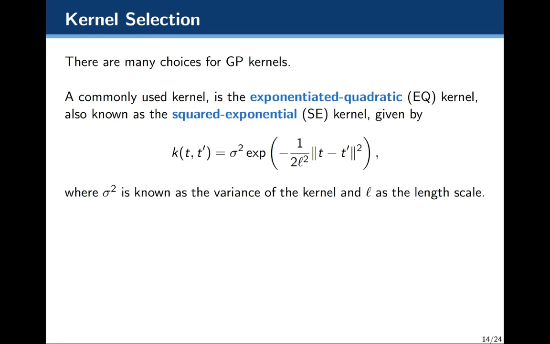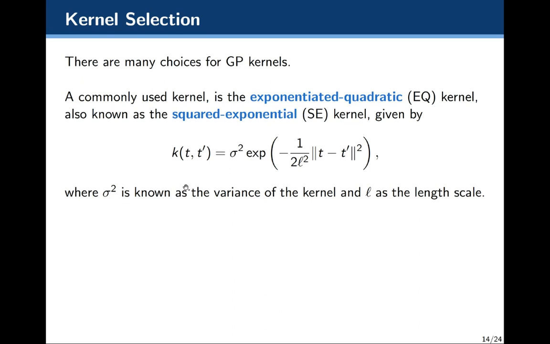So we talked a little bit about kernels, but I haven't actually shown any examples of a kernel. There are many different kernels we can use, and each kernel comes with its own set of assumptions. But I thought it would be a good idea to take a look at some in particular. One commonly used kernel is the exponential quadratic or squared exponential, and it's given by this form.